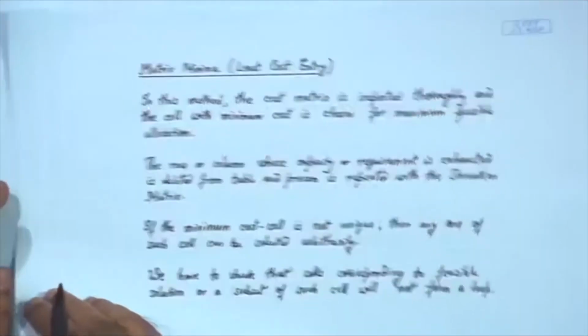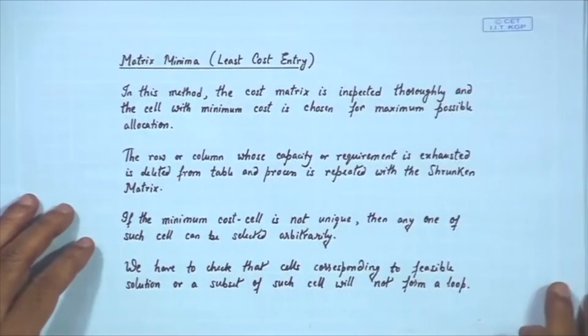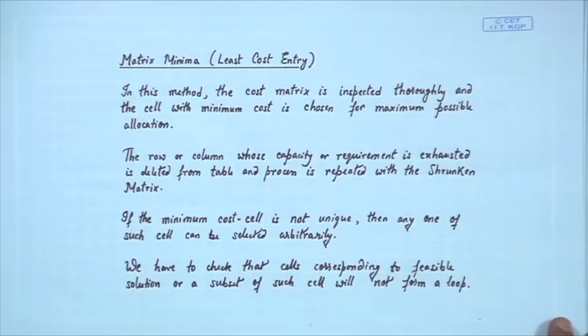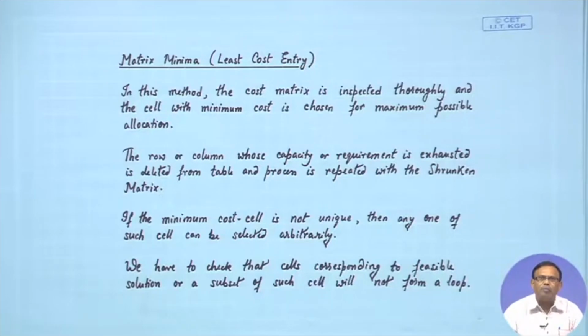The next method which we will use is matrix minima, or what we call least cost entry. In this method, the cost matrix is inspected thoroughly. That means we do not see either a row or a column. Instead, we check all the cells, and the cell with minimum cost is chosen for maximum possible allocation.